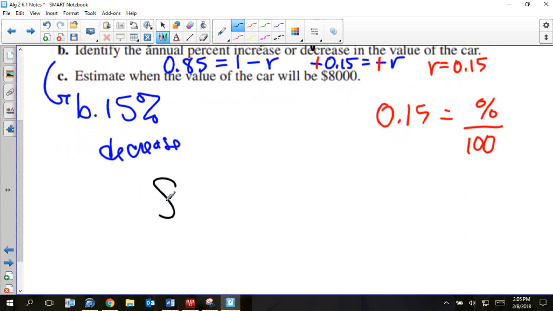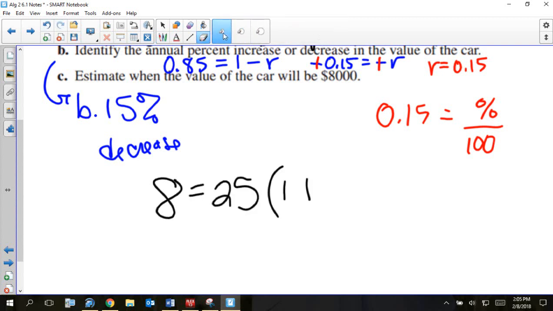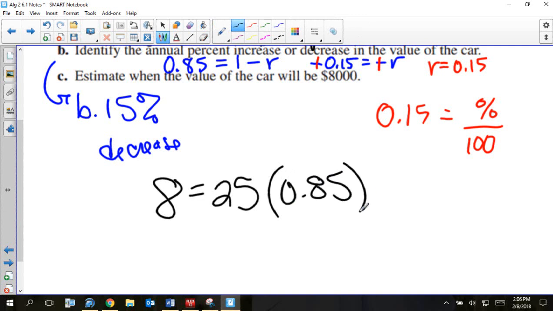So I'm going to write my equation for part C. I'm going to write 8 equals 25 multiplied by, actually, we can just use 0.85 to the T. Now, you have not learned how to solve for an exponent.